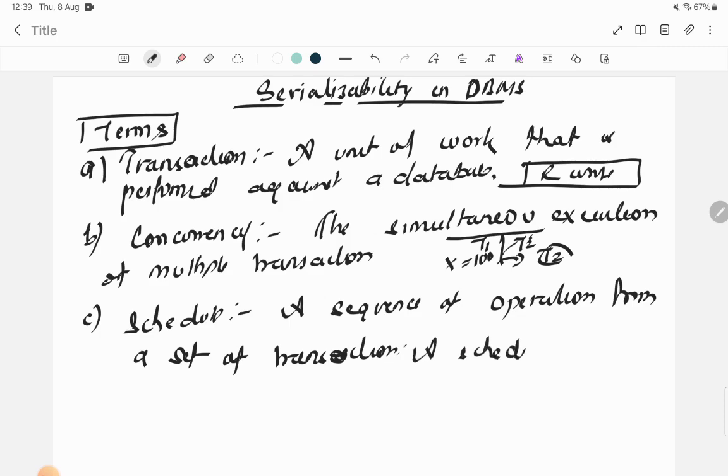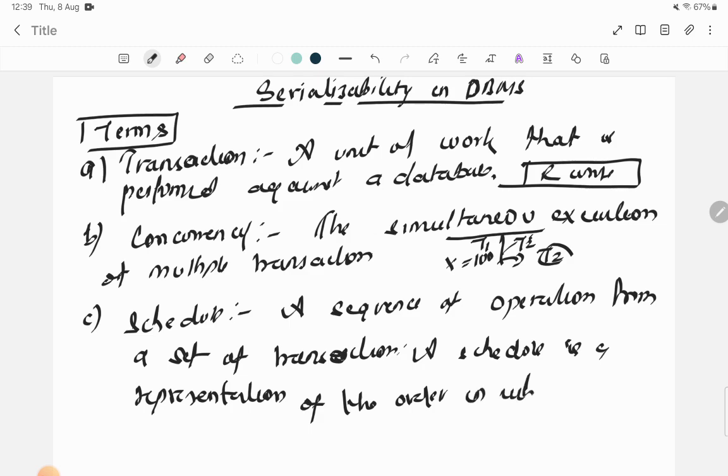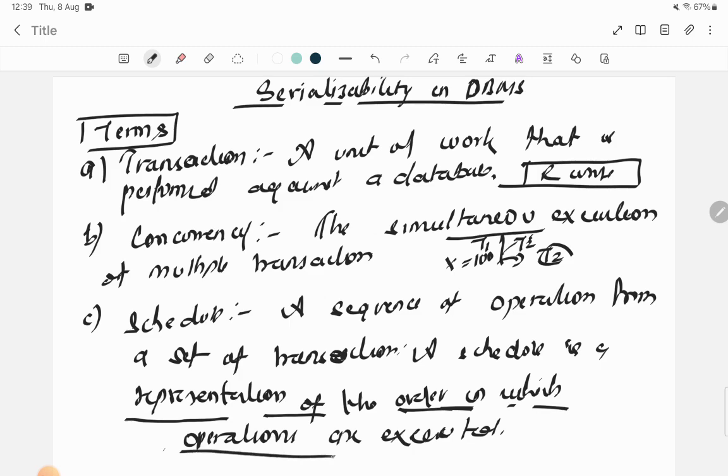A schedule is a representation of the order in which operations are executed.